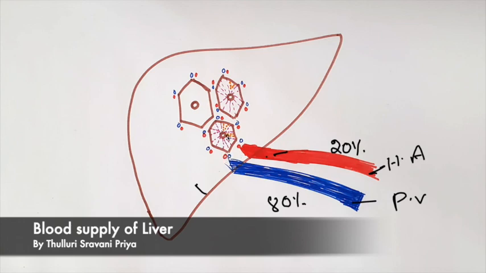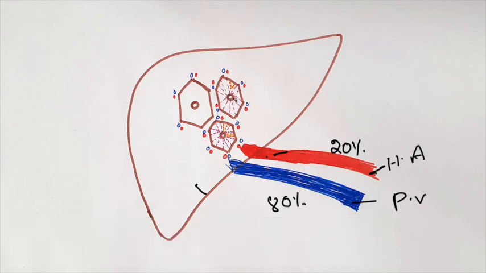Before that, I want to give a small idea about the histology of the liver. These are the functional or hexagonal lobules with the central vein in the middle, and these are the sinusoids, which run from the periphery to the center.